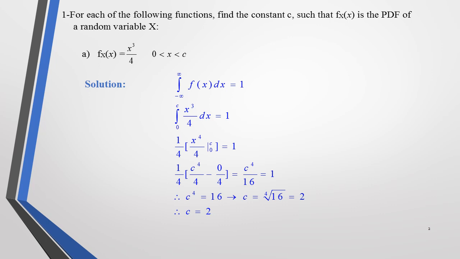And so this is going to be equal to 1/4 times c^4/4 minus 0/4, which equals c^4/16. And we know that c^4/16 must equal 1. So c^4 equals 16. And this of course implies that c equals 2.